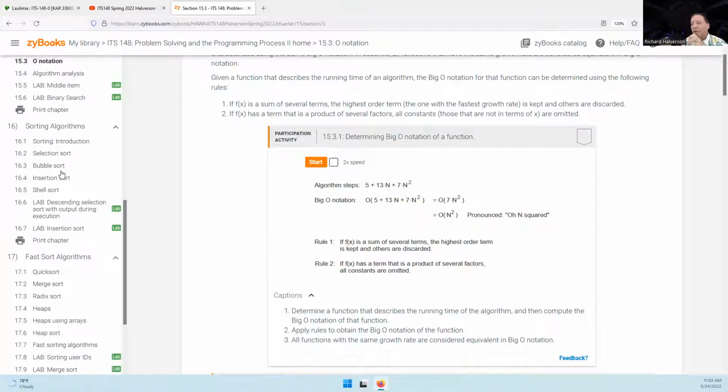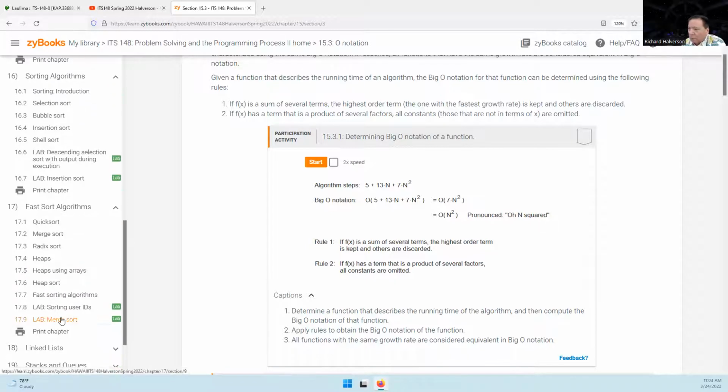The log of n is in between n and 1. But these sorting algorithms here are all n times n, and these sorting algorithms here are n times log n. And so we will study both of them.